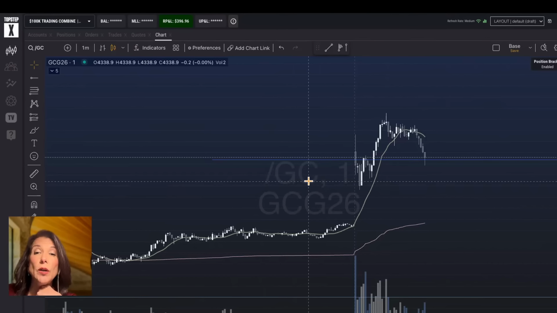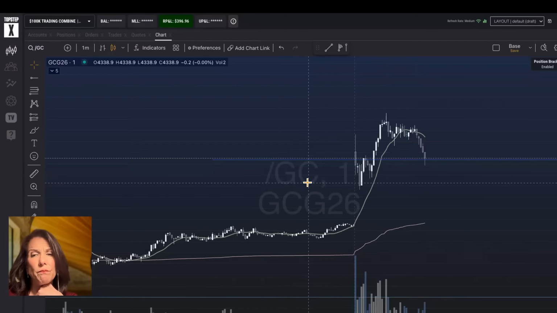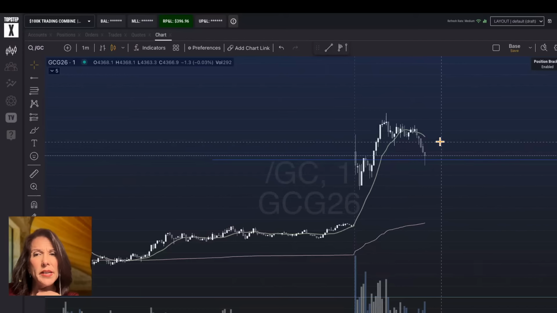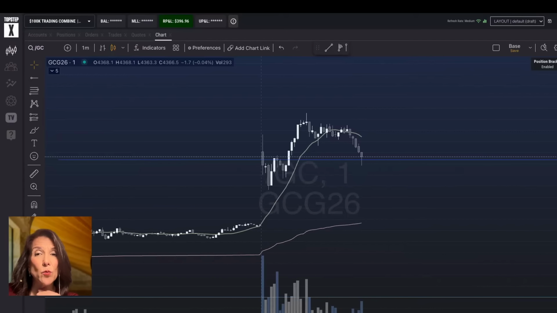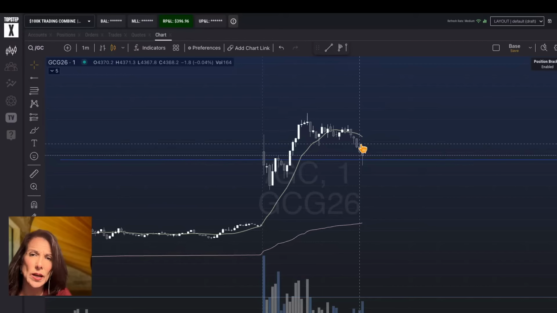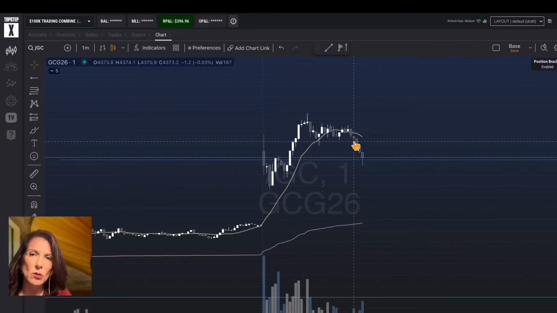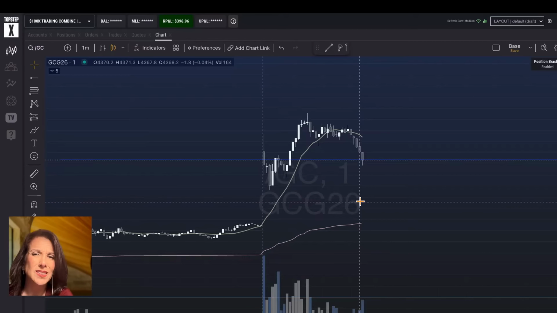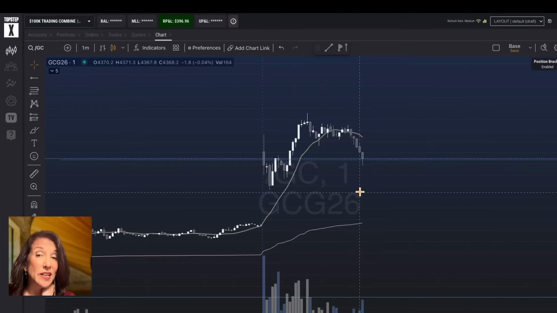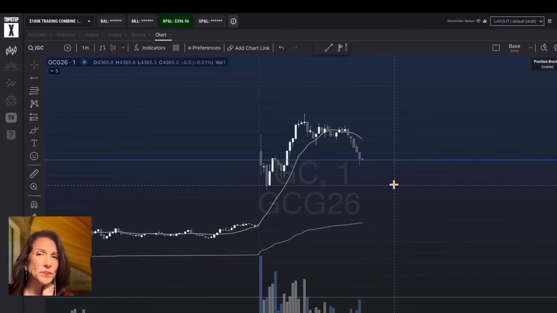You could take a long here, but again, if you're looking at a 1-minute chart, what do you want to see to take a long? Well, these are high, low, lower, high, lower, low, lower, high, lower, low. That's catching a falling knife, right? So if I wanted to buy it, I'd need to wait to see something else. You know what I mean?